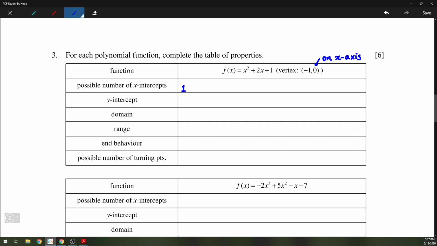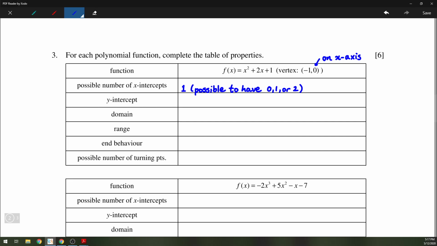Although this is a degree 2 polynomial, as you can see here, x squared, it is possible for it to have 0, 1, or 2, depending on what kind of quadratic we're dealing with. Okay, but in this case, it's clearly 1 because the vertex is on the x-axis.